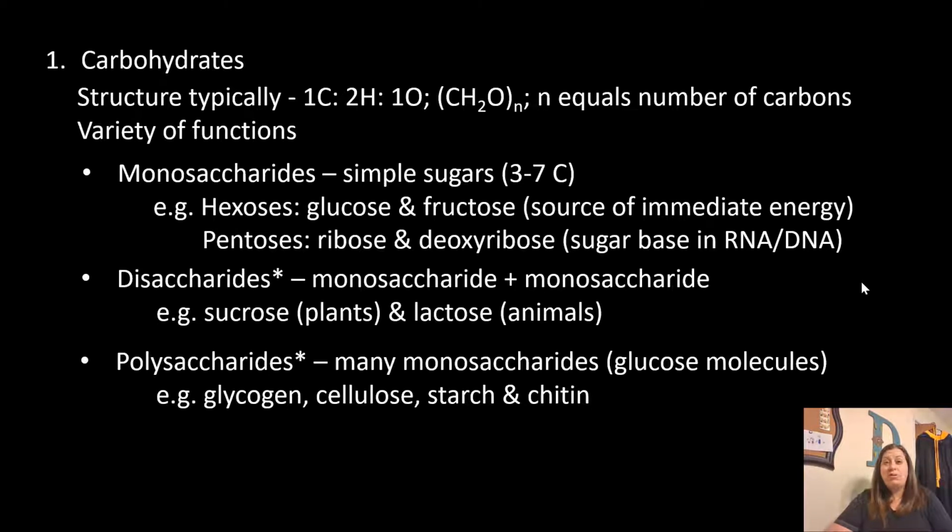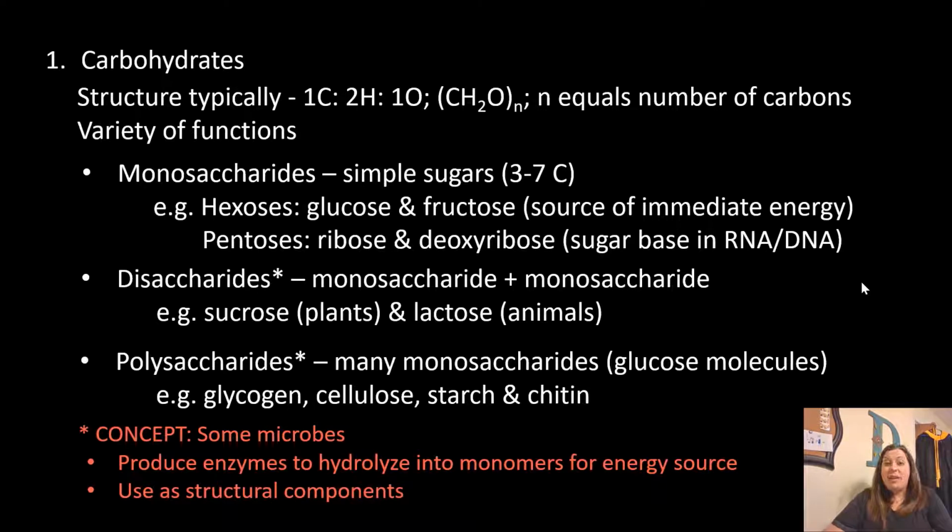Cellulose is the structural sugar that plants use to help them go up against gravity. It makes up their cell walls mostly. Starch is how plants store their extra sugars. That's why potatoes have so much starch. And chitin is in the cell wall of fungus as well as in the exoskeleton of most insects or bugs.